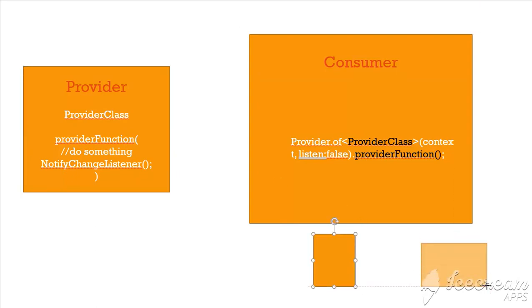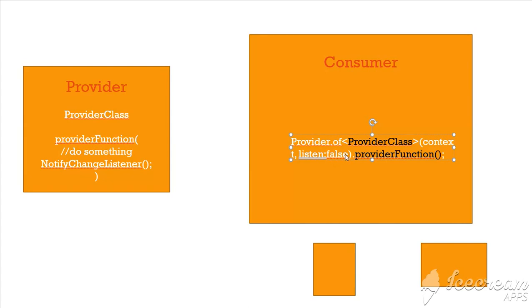You can have multiple consumers, and how do you access this data in the consumer? Of course, you use this provider.auth. You provide this class name here, which is a provider class, and you also provide the context of this consumer. And then listen is false because we are not listening to any values here in this class.